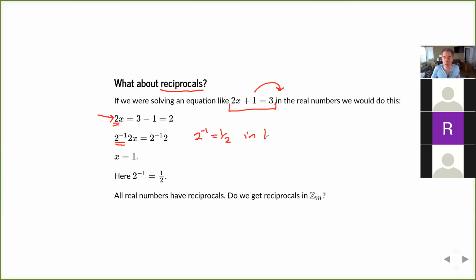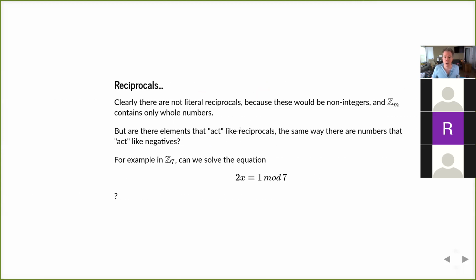So this is in the real numbers, which is not the same as modular arithmetic. So all numbers have reciprocals. That means numbers that cancel them. But do we have reciprocals in Z mod M? So often we do. So what would the reciprocal of 2 be in this equation?